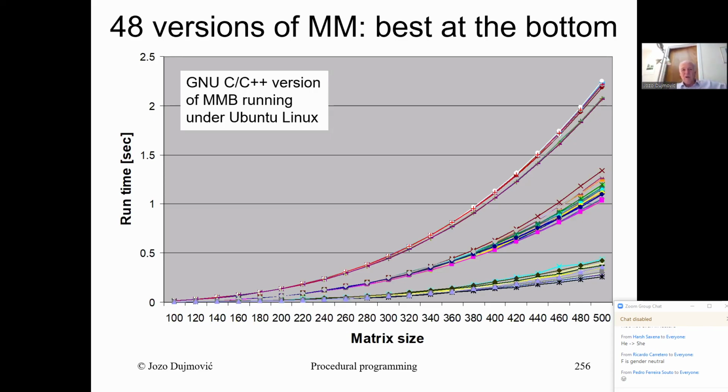This is done, by the way, under Ubuntu Linux. These are 48 versions of matrix multiplication from best to worst. You are not going to find the best without measurement.